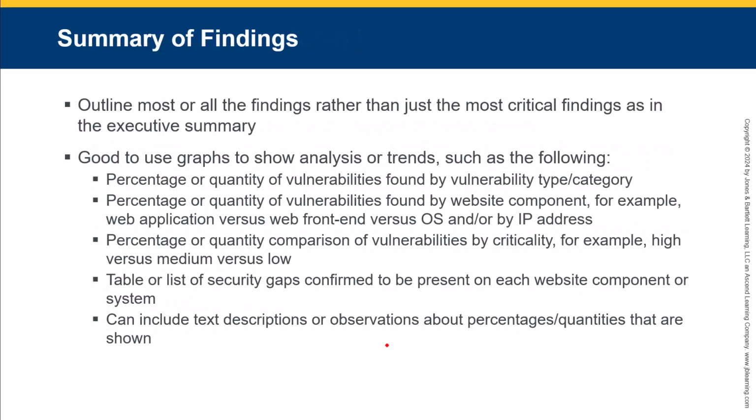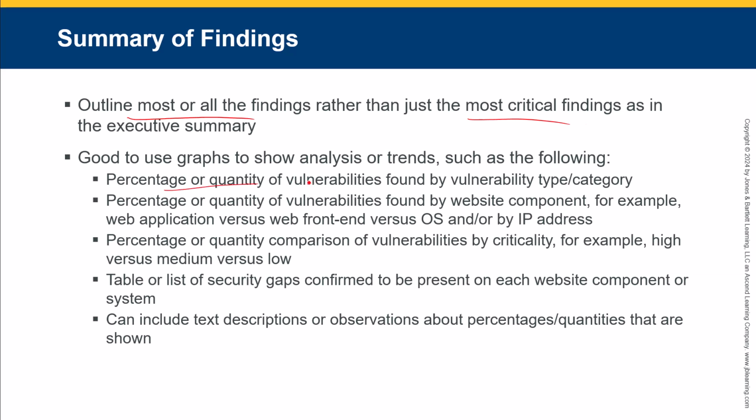Next is the summary of findings, which is a little more in depth. It's not typically for the executives, but it gives executives who want more detail the ability to find it. It outlines most or all the findings rather than just the most critical ones. Again, this is more detail, but not only targeting our executives.